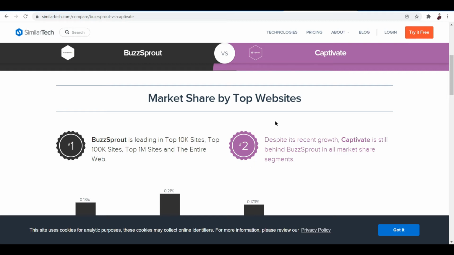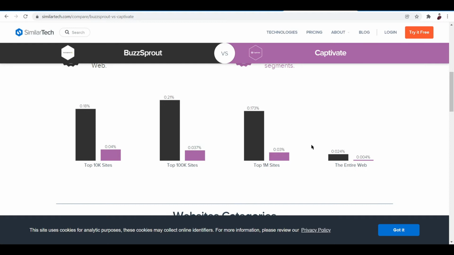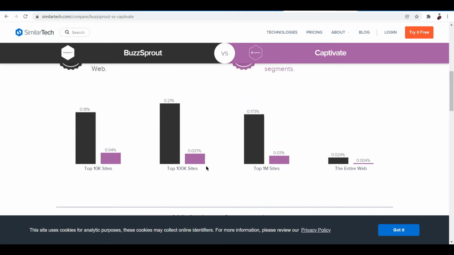Captivate, despite its recent growth, is still behind Buzzsprout in all market share segments. So now you can see here their side by side comparison when it comes to the graph. You can see here that it's obvious, and Captivate didn't even touch half of what Buzzsprout has become or is. Now you can see here how they're totally different.